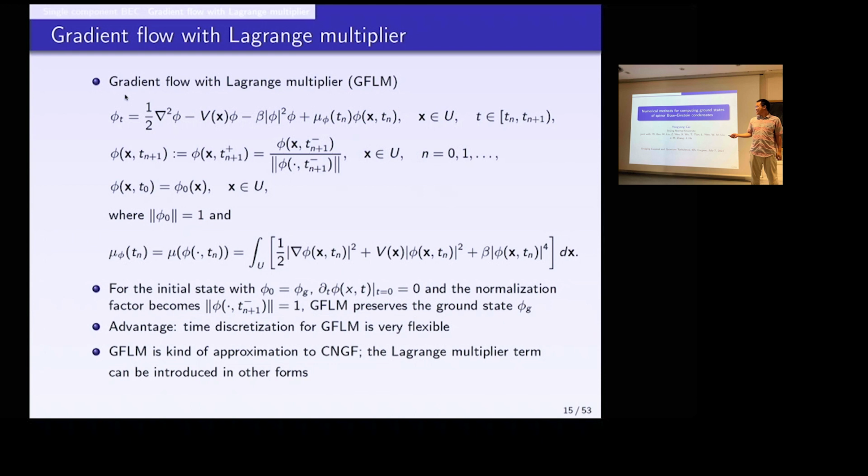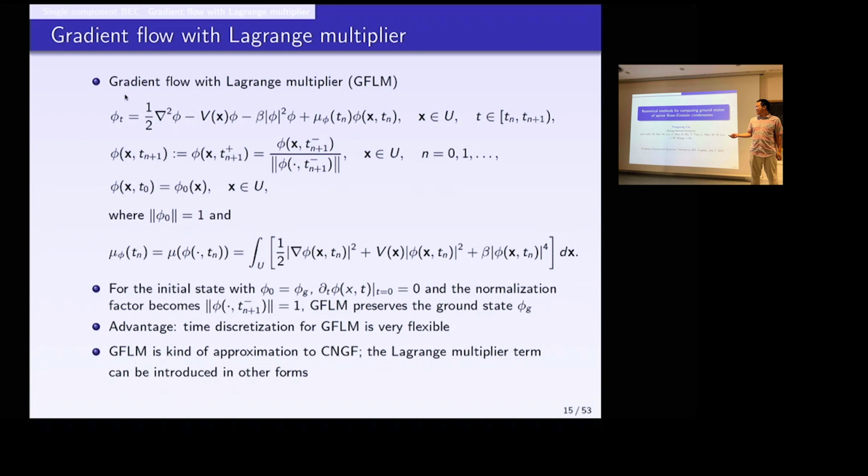And of course, the Lagrange multiplier can be introduced in other ways. For example, we can do it in the implicit way, so this can depend on the state variable phi here. But here we just choose to introduce this as a source term. So you can change your code with minimal effort to solve this.